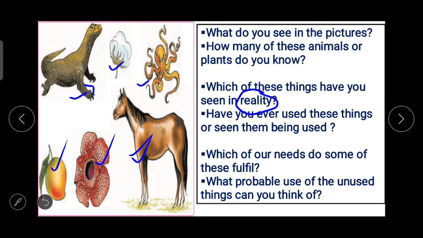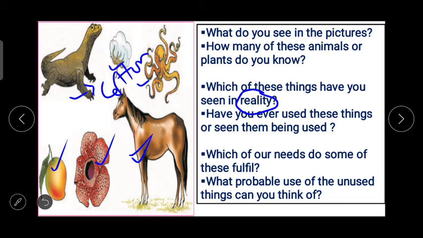Then the next one, have you ever used these things or seen them being used? Before that you just have to be clear about the uses of these animals and of these plants. If you talk about this cotton, then what is the use of this? That you should know first, and then you can tell whether you have seen it being used or not.